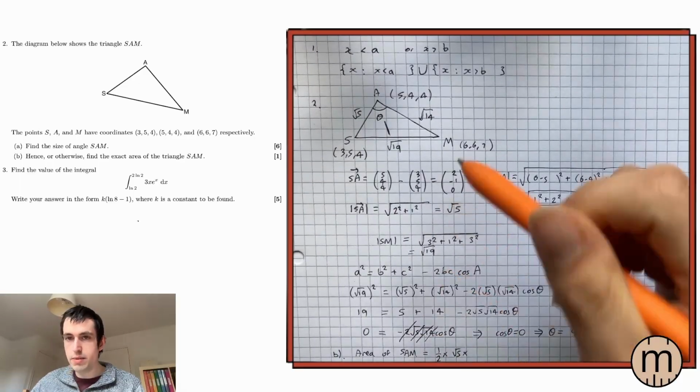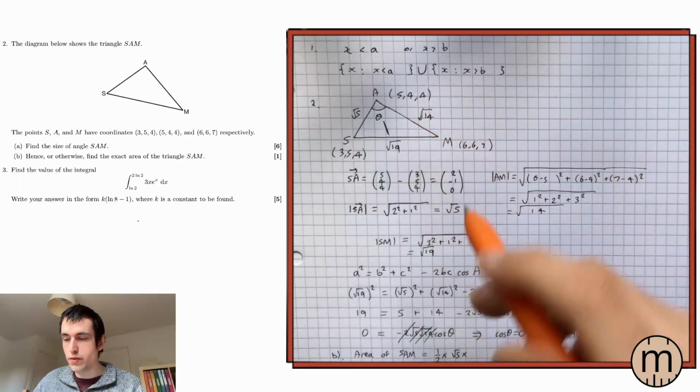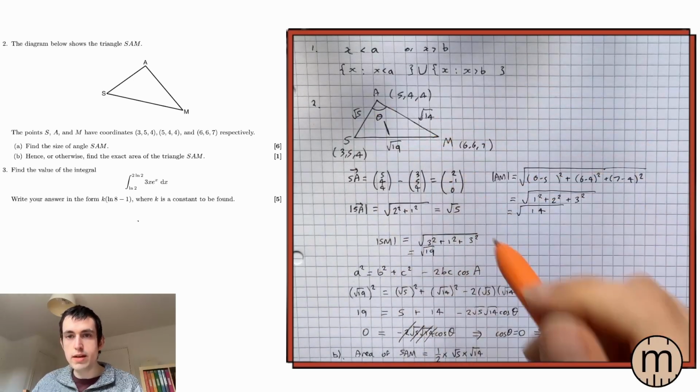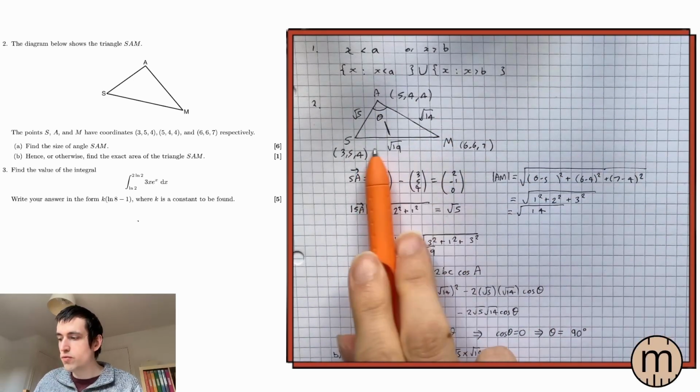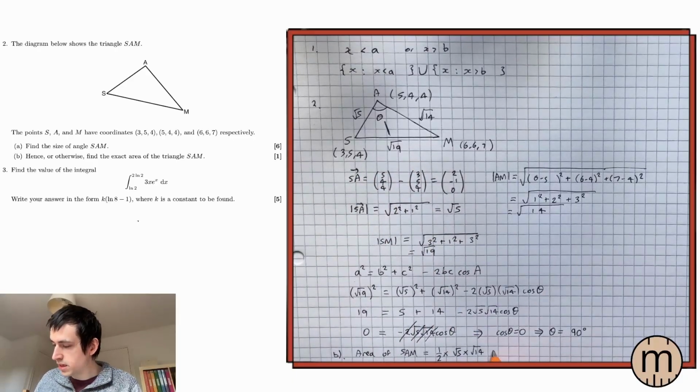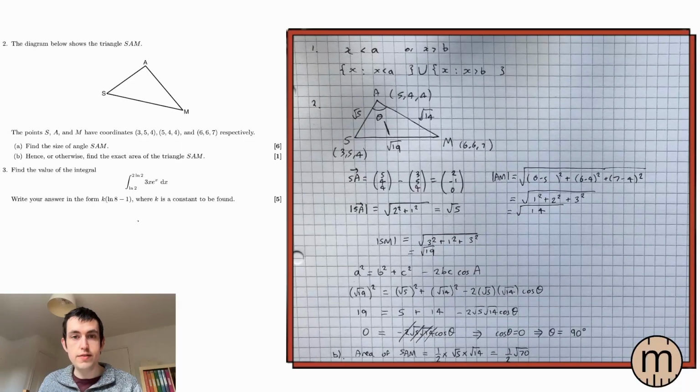And the height is going to be the other one here, which is root 14. Well, you could change those around. You could alternate them. Root 19 is the hypotenuse, so you'd never have to use that one. And in total, we get half root 70 as the area of SAM.